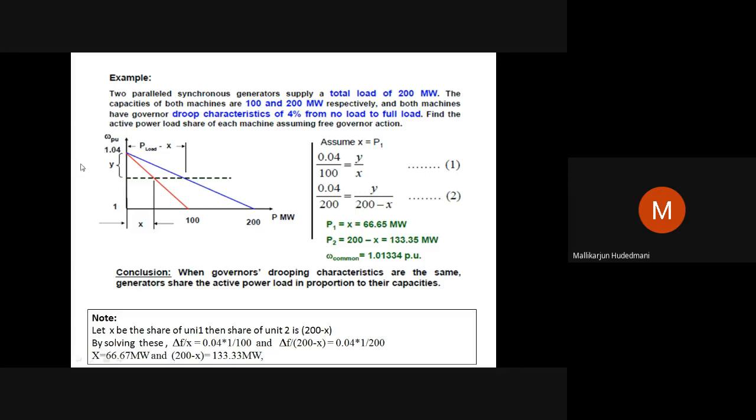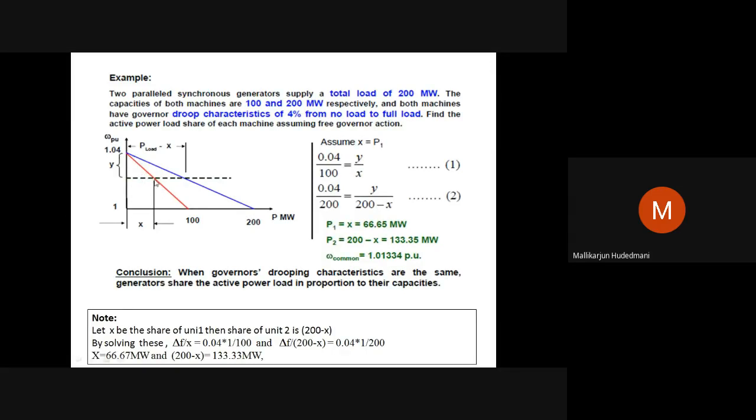To calculate this graphically, look at the other side. Assuming x equals P1, the machine 1 share. Look into this: 0.04 divided by 100. What does this 0.04 refer to, you know? 0.04 refers to the droop of machine 1. The droop of machine 1 divided by its capacity, 100, equals the slope of this curve, y by x.